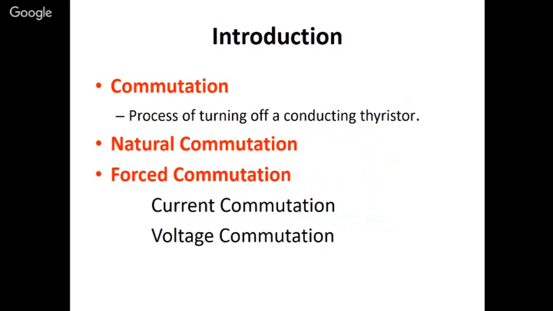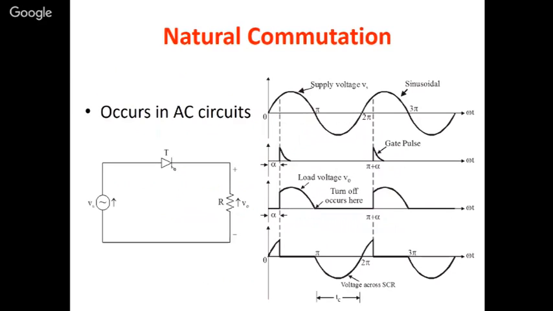Commutation, as I already told you, has different types. The process of turning off a conducting thyristor is said to be commutation. There are two types: natural commutation and forced commutation. Natural, as you all know, is when an AC supply is given, and when the AC crosses zero, the thyristor will get turned off.